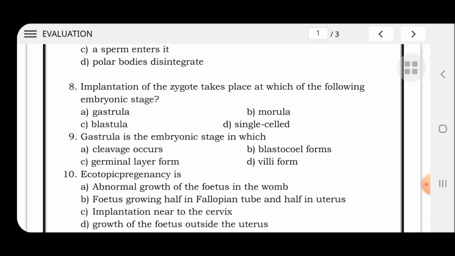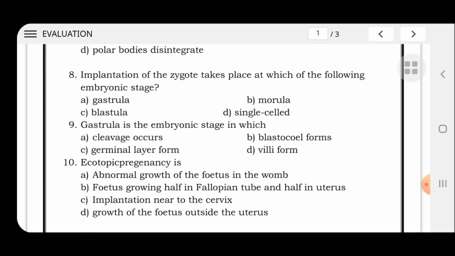After that, the zygote undergoes several mitotic divisions to form a mass of cells called morula. Later, morula forms blastula, and blastula later forms gastrula. Out of these four, in which stage does the zygote get attached to the endometrium? Here, blastula is the stage. So blastula is the correct answer.